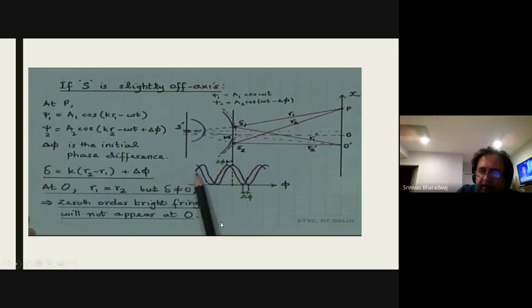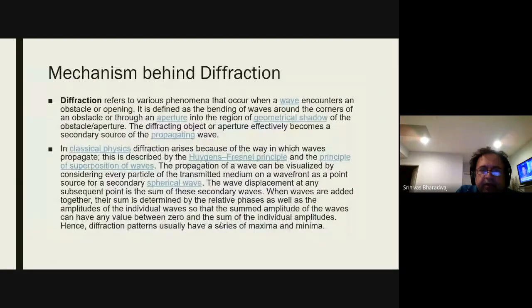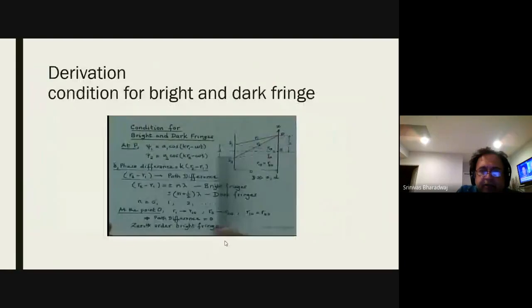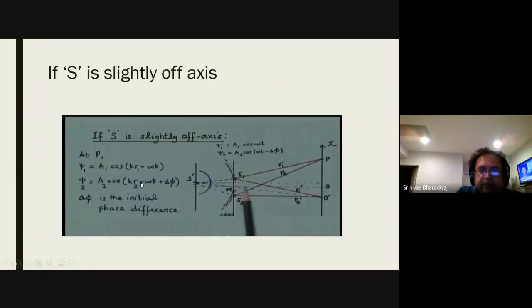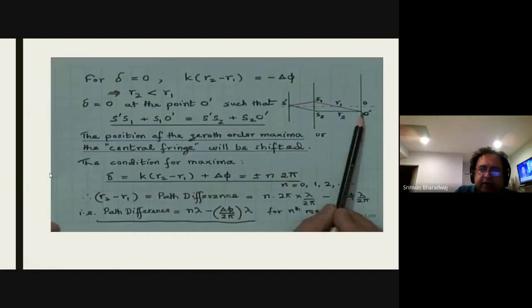So you then end up with this condition, R2 minus R1 equals n lambda. Now if there is a delta phi, then you end up with that shift having that added delta phi.